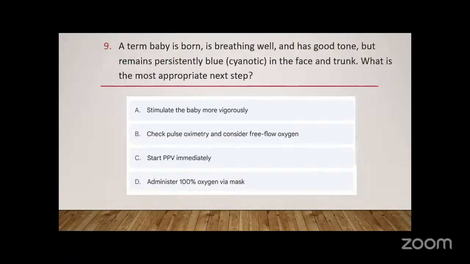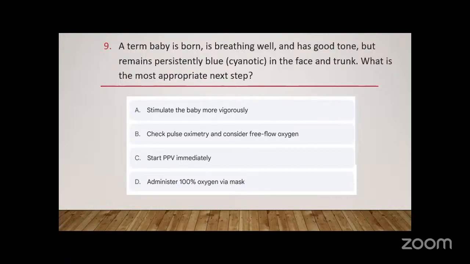A term baby is born, breathing well and has a good tone, but remains persistently blue, that is cyanotic in the face and in the trunk. What is the next step that you are going to do? Are you going to stimulate the baby more vigorously? Are you going to check the pulse oximetry and consider free flow oxygen?